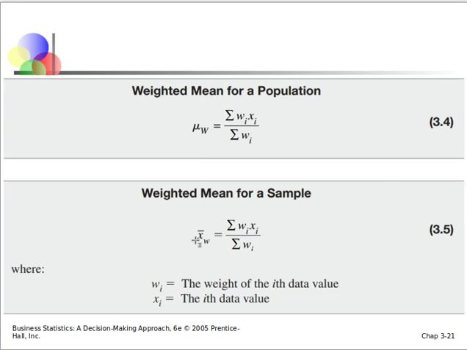For sample, it's the x bar, x with a bar on top. Where w sub i is the weight of the ith data value. The i here, class, is if you use an array, i would be the counter of the array. Here, x sub i is the ith data value.